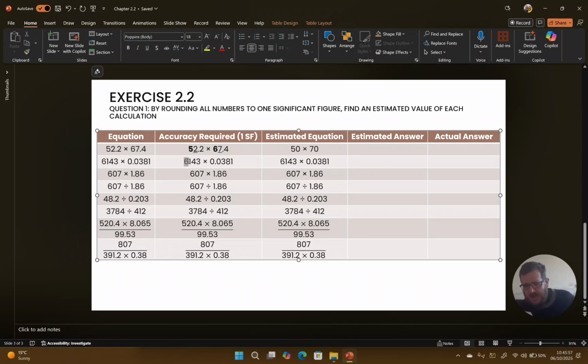The next one we're going to look at is 6,143 times 0.381. Now remember, any zeros given at the beginning of a number are not significant figures, but the ones that come in at the end need to be put in because it helps all the other significant figures keep their places.